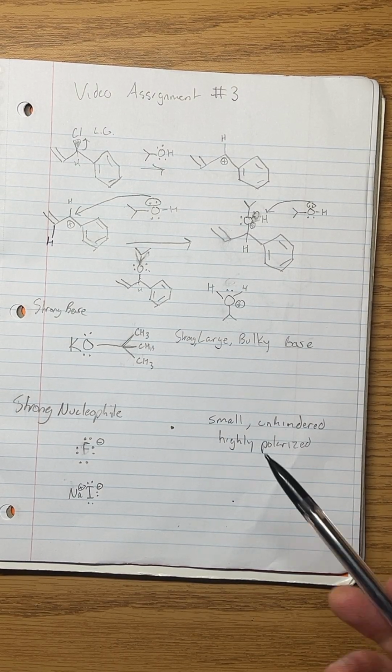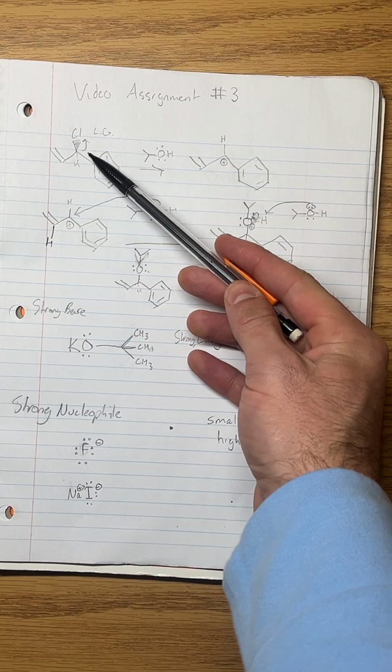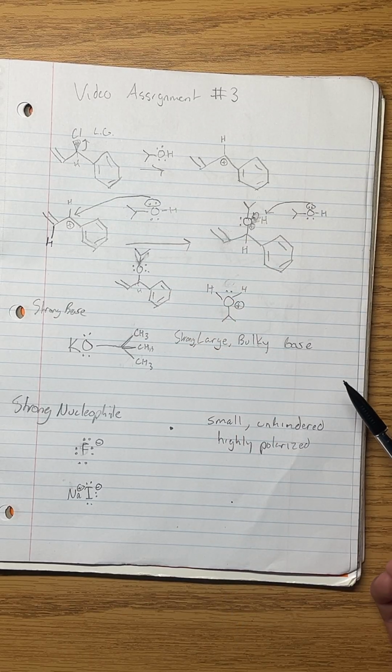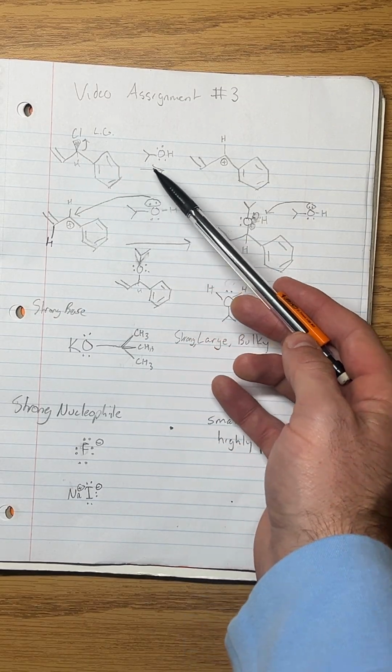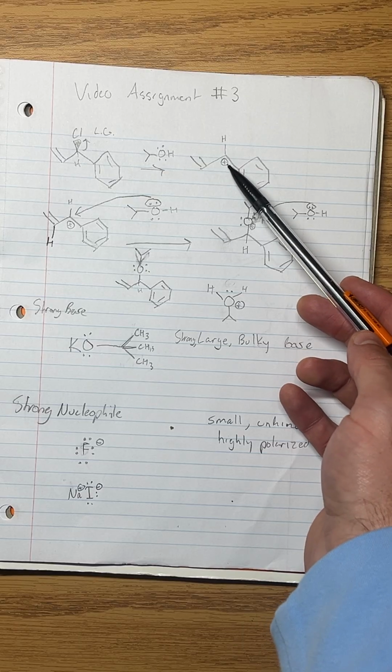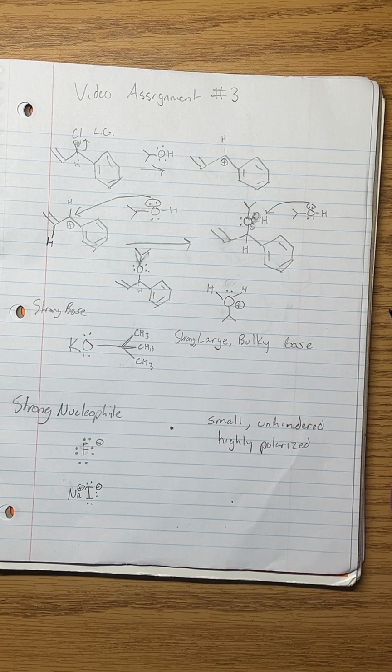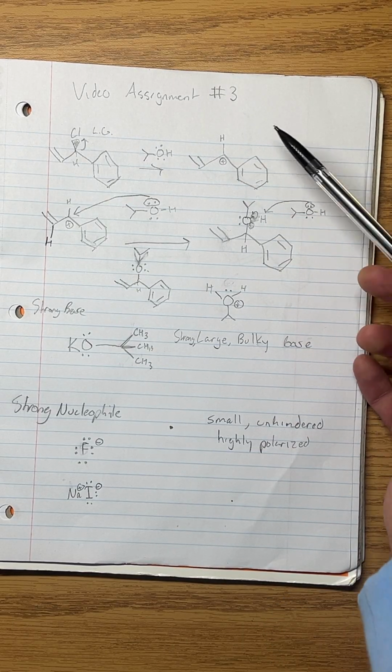Basically, the first step is that chlorine leaves, and as you can see, this creates a carbocation as there's still one hydrogen there.